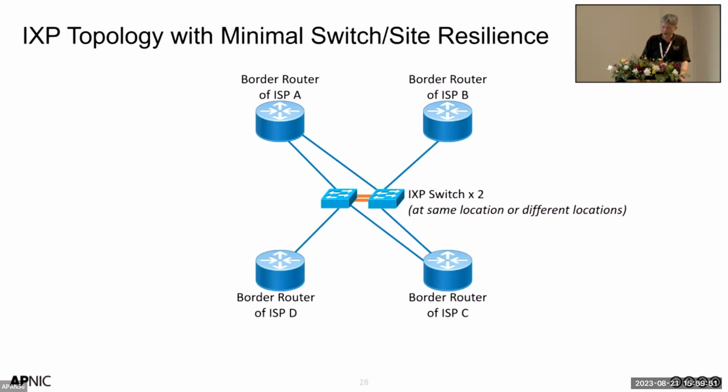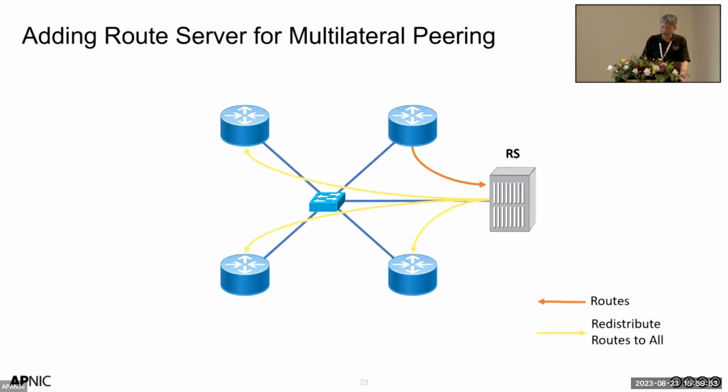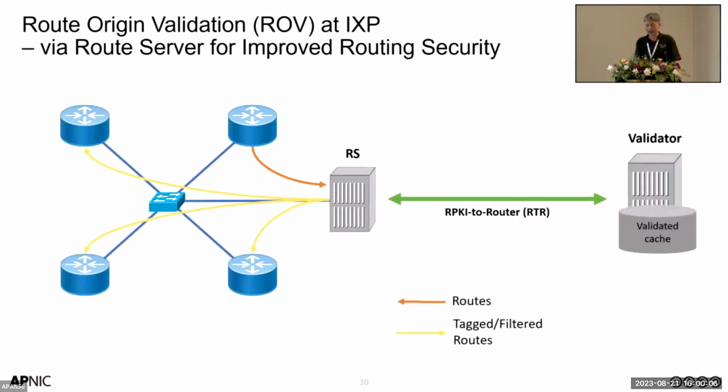Yeah, as I mentioned, resilience, and then route server. And of course, you also might want to have multiple route servers for resilience purposes as well. These are just examples. And also, since you are helping with the routing, in fact, we recommend you do route origin validation, to filter invalid routes.